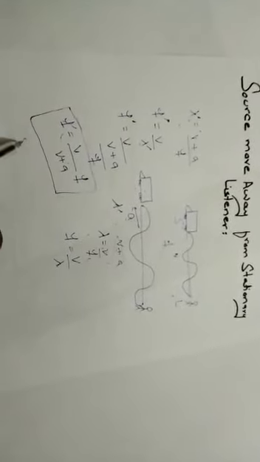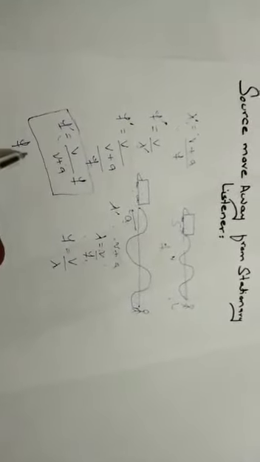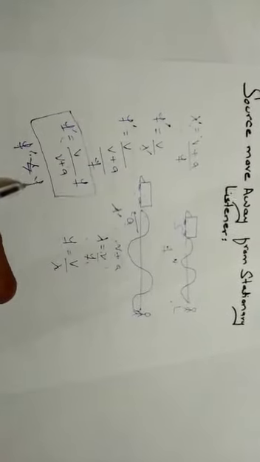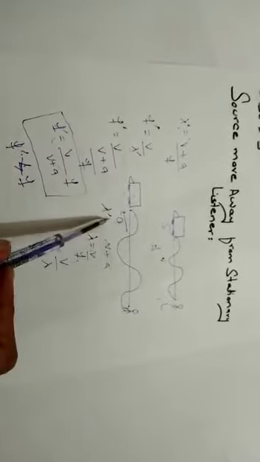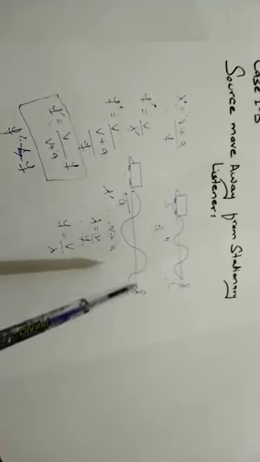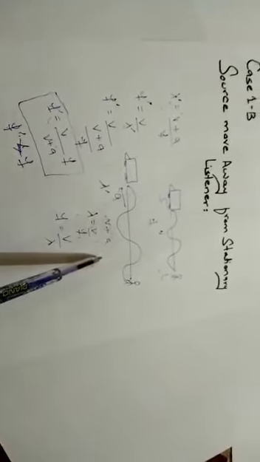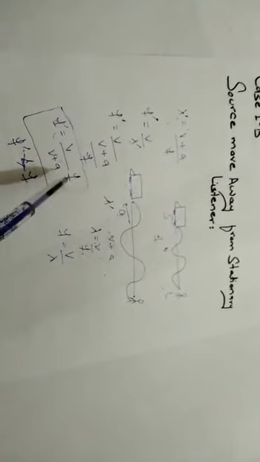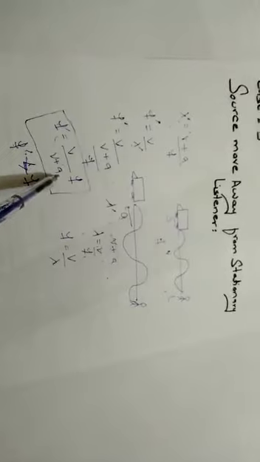Now when the sounding source moves away from the listener, the apparent change of frequency, meaning the new frequency f prime, is less than the original frequency. It means when the sounding source moves away from the listener, then the frequency of the sound decreases, and when frequency of the sound decreases, then the pitch of the sound also decreases.